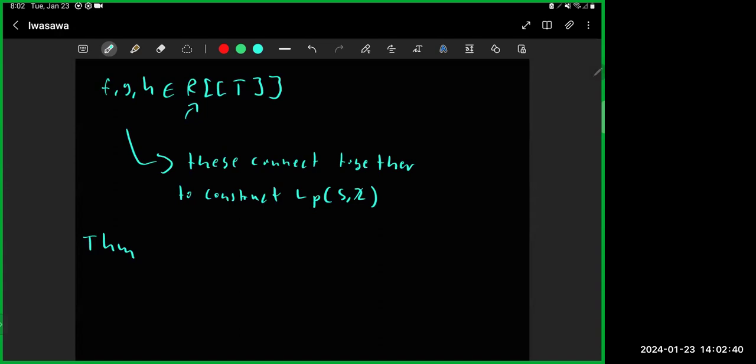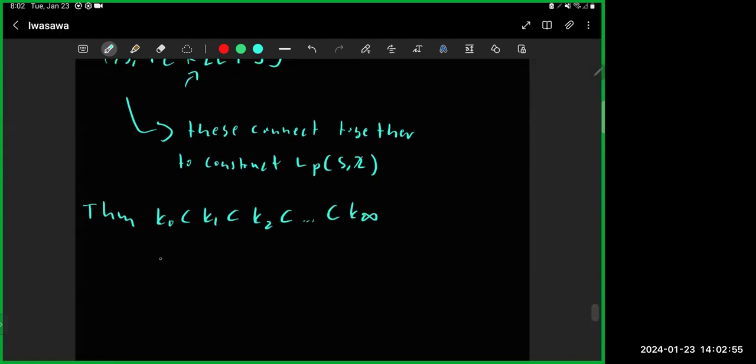If we have, as I said before, some extension of fields, k_2 all the way up to k infinity, and if k infinity over k_0 has a Galois group isomorphic to the p-adic integers, then we have the following incredible fact.